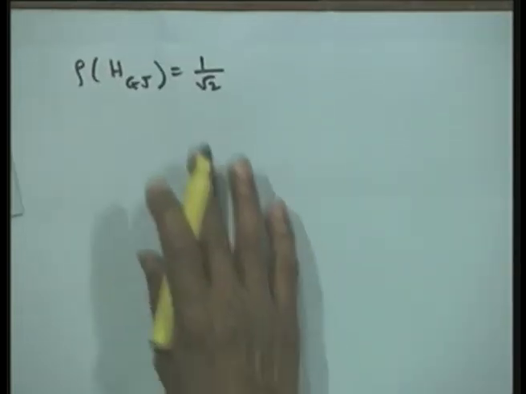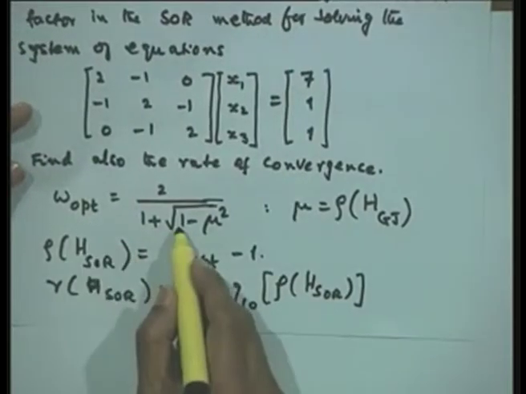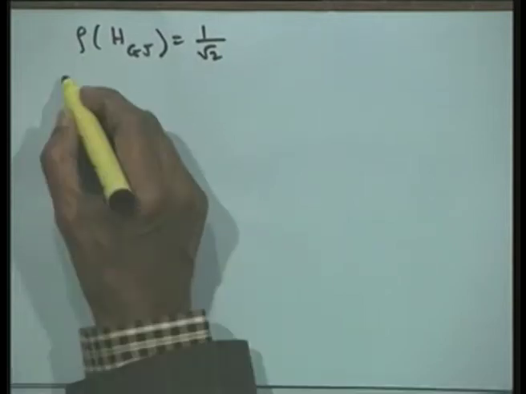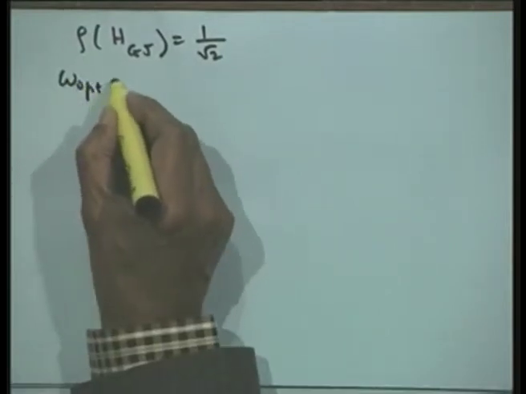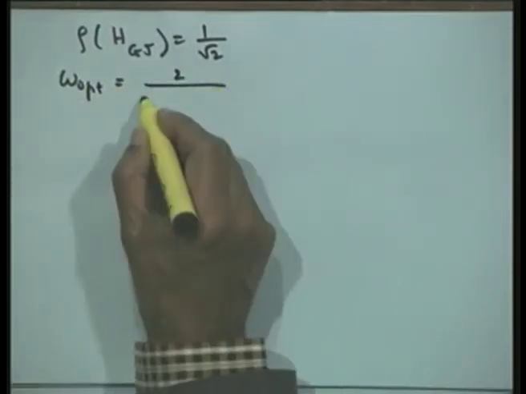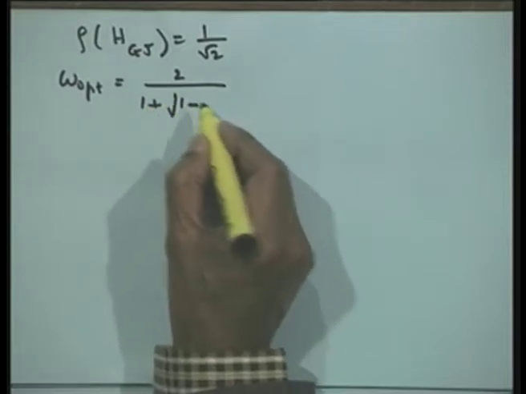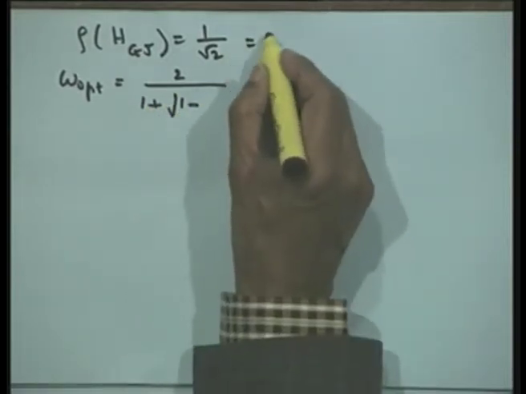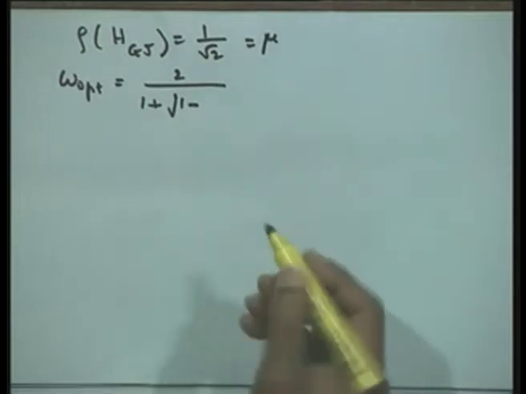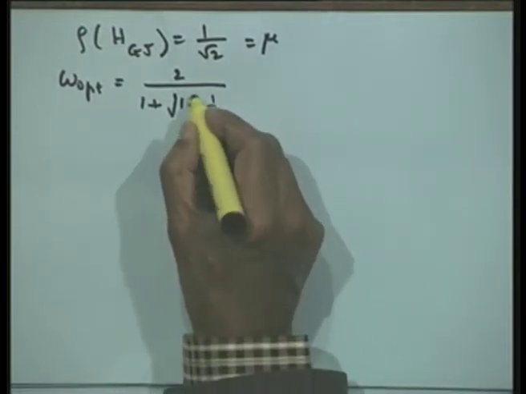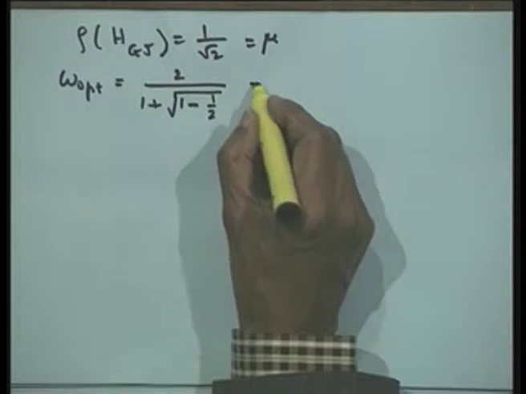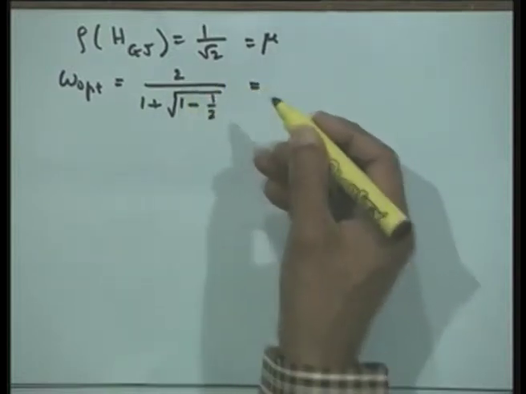Now I would substitute in the value of omega optimum. Therefore omega optimum will be 2 divided by 1 plus under root of 1 minus mu square. This is our mu, therefore this is 1 upon 2. So let us take this 2 up.